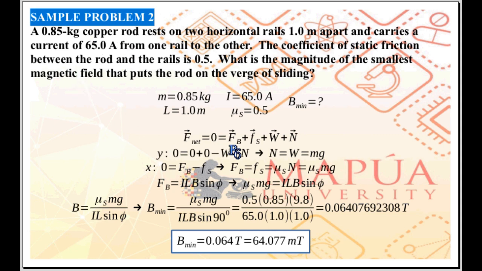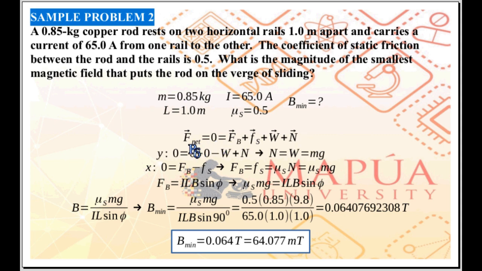You have magnetic force FB. There is static friction between the rod and the rails. So you have static friction Fs. The rod has mass, therefore the rod has weight. The rod is resting on the two rails, so there is normal force acting on the rod.